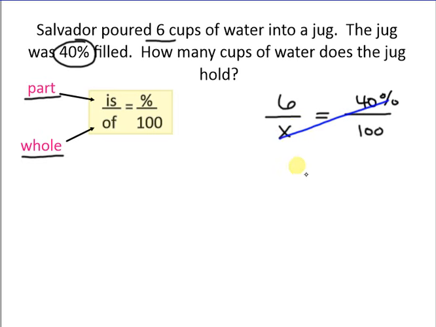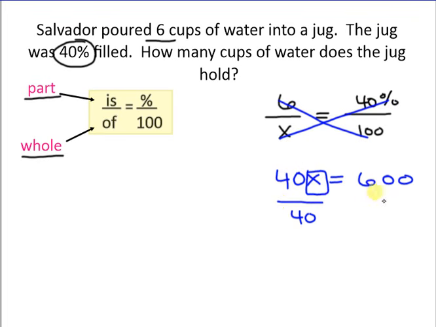So 40 times x is 40x. 6 times 100 is 600. Box the variable, divide by 40, divide by 40. This cancels. X equals 600 divided by 40 is 15.